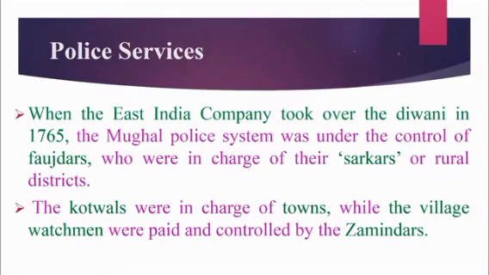So students, when the East India Company got the Diwani rights, Diwani rights means the right to collect the tax from the people. They got the Diwani right because of the Battle of Plassey and Battle of Buxar. So at that time, the Mughal police system was under the control of Faujdars.